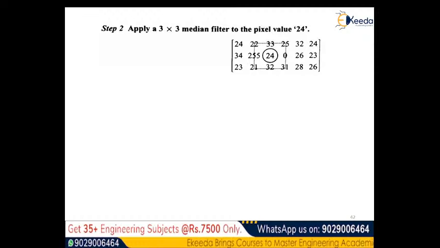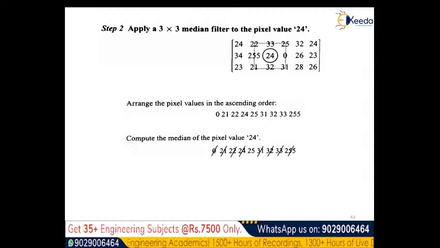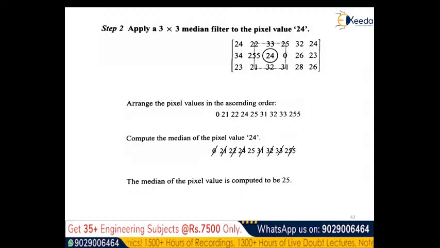Again we arrange the ascending order as we have shifted the mask by one location, and again determine the median. The new value is 25, the earlier value was 24.